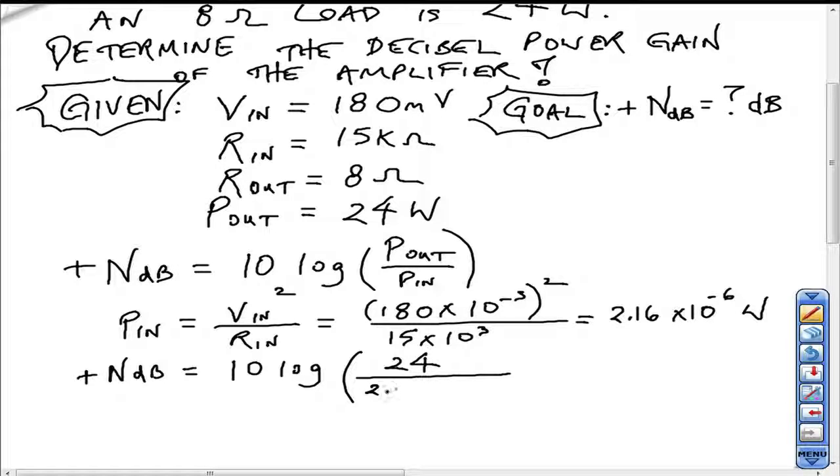That's going to be 2.16 times 10 to the negative 6. And if we work that out on our best friend, in other words, 10 times the log of this, let's see what we get.